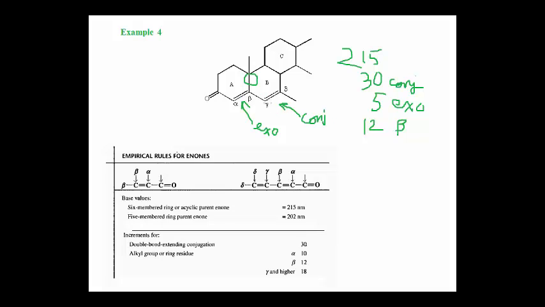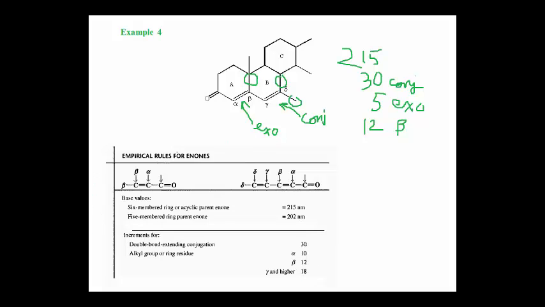On the gamma carbon, there is only hydrogen, there are no alkyl substituents. On the delta carbon, there are 2 alkyl substituents. We have the methyl group here, and we have the ring residue here. And our table tells us that for carbons that are gamma and higher, we add 18 nanometers.